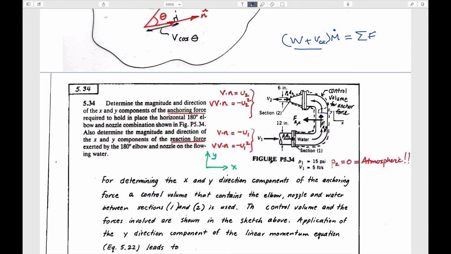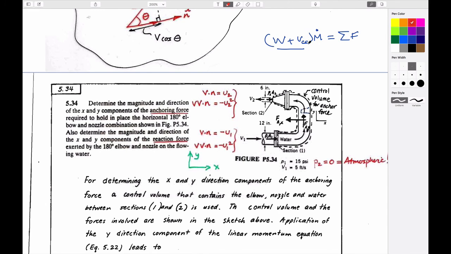I'll just quickly mention that you have to be clear about these flow rates. These flow rates are relative to the coordinates. And this flow rate is positive out and negative in.